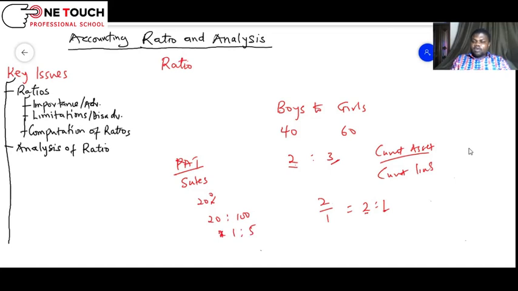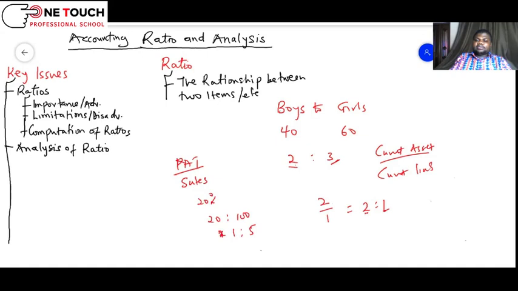It tells you that for every 5 cedi sales that you make, 1 cedi relates to profit after tax. So ratio is used to analyze the relationship between two items or elements.